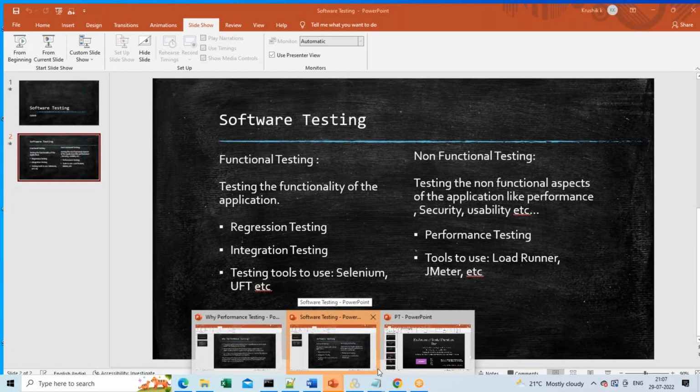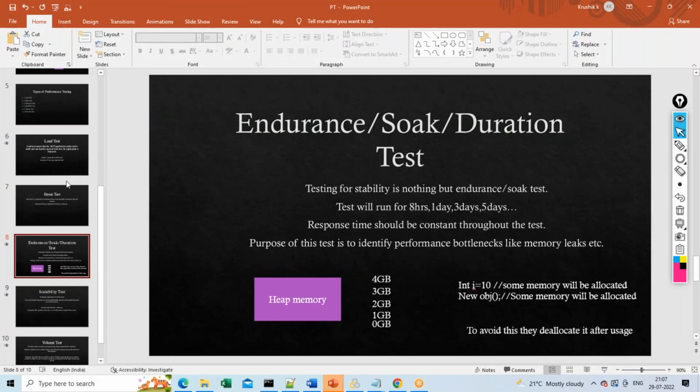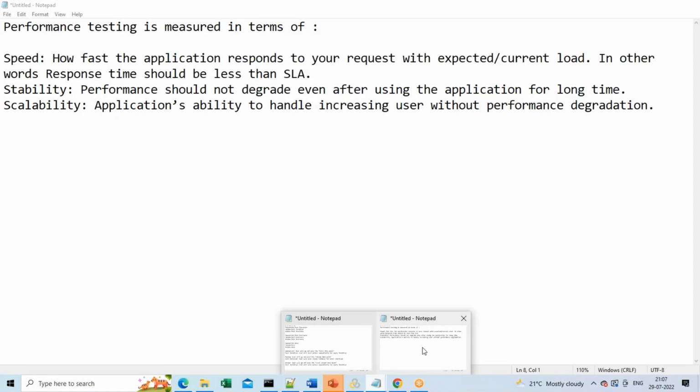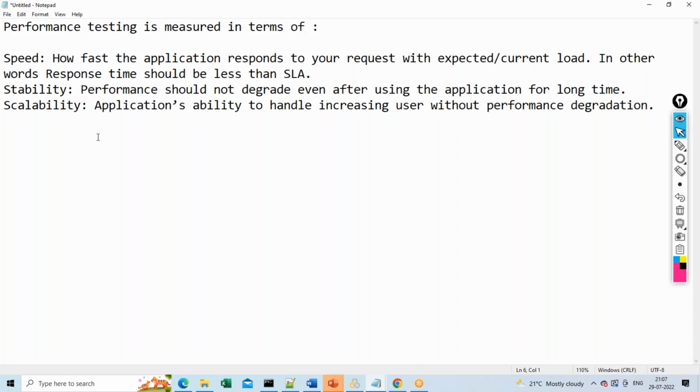I'm pretty sure you will receive these PowerPoint slides and whatever documents we discuss in our day-to-day sessions. So instead of going through the slides, let me explain the different types of performance testing here. Let me write the types of performance testing.